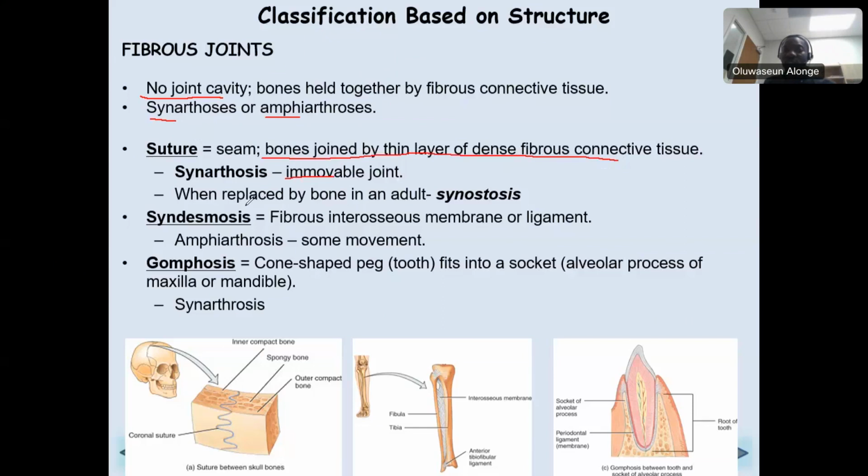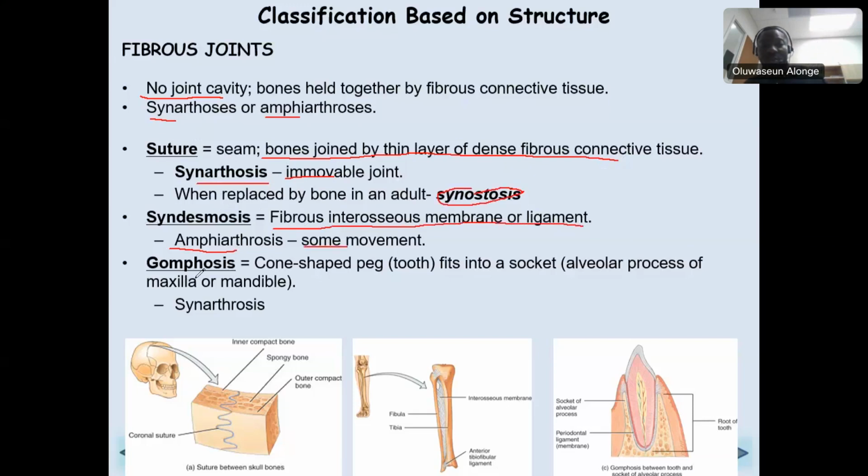So we call it synarthrosis. When replaced by bone in an adult, we call that synostosis. Syndesmosis is when a fibrous interosseous membrane or ligament connects bones together, and that is amphiarthrosis because it allows some movement.